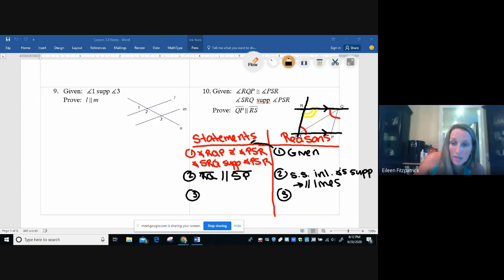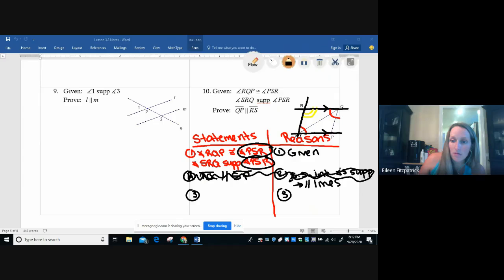Do we see that this is the same as this? So could I replace the supplementary statement? Instead of SRQ is supplementary to PSR, could it be SRQ is supplementary to RQP? Could I put this in place of that since they're equal? Let's do that. I'm actually seeing a faster way of doing this proof.